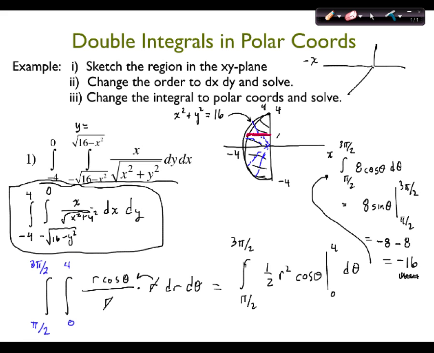But it's a lot more work than this. That's the point. Because this is so nicely oriented for polar coordinates, it makes the solving a lot easier. That was a pretty easy double integral. This is doable, but a lot more work. But you should get the exact same thing, negative 16, if you did the work.